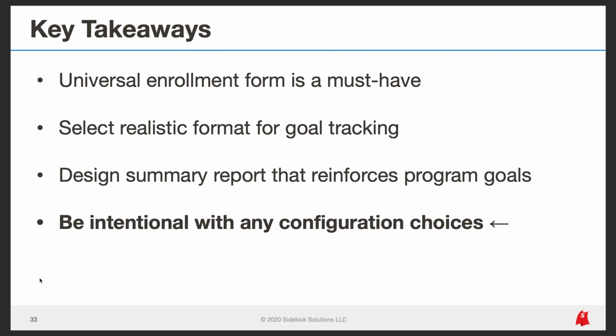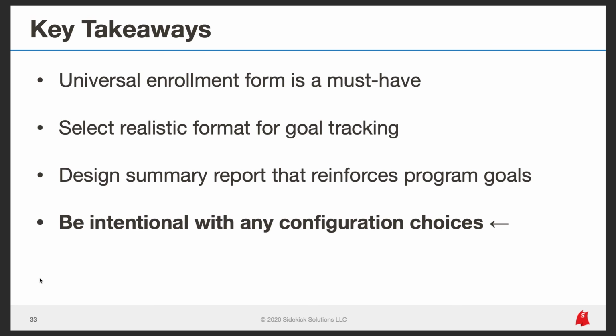Number three, develop a client summary report to reinforce program goals. Your case managers, or the people who are delivering services and the face of your organization to clients, need information to make decisions on next steps, whether that's treatment planning or developing individual service plans, putting together new goals, or even just identifying what to do next.